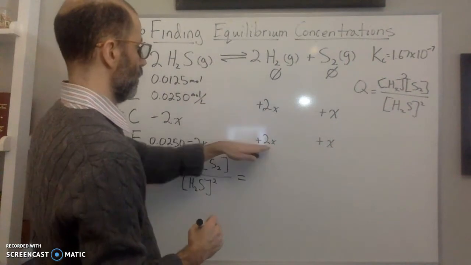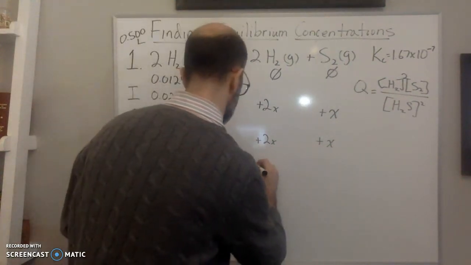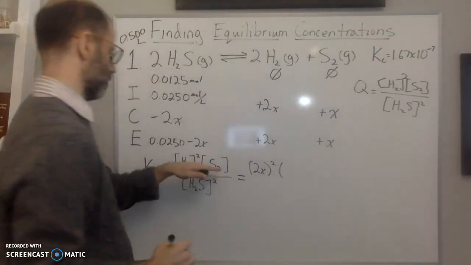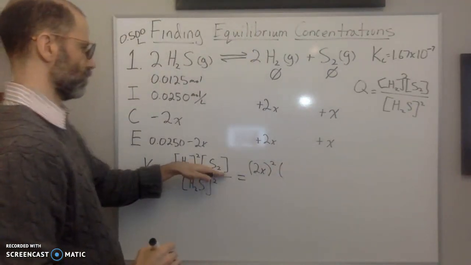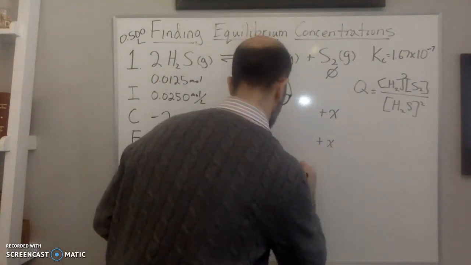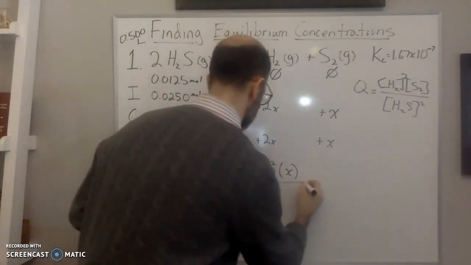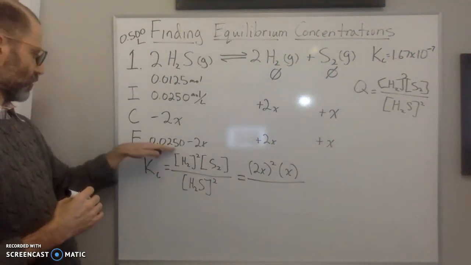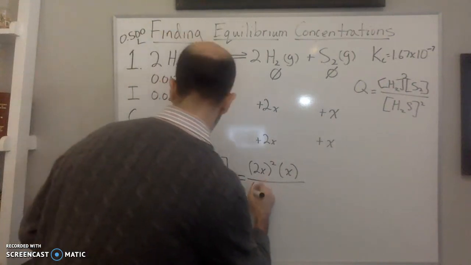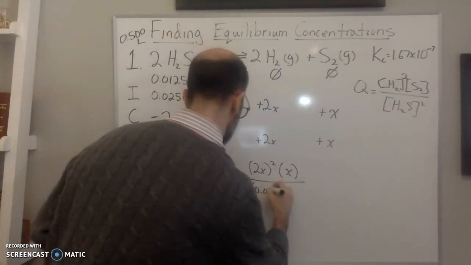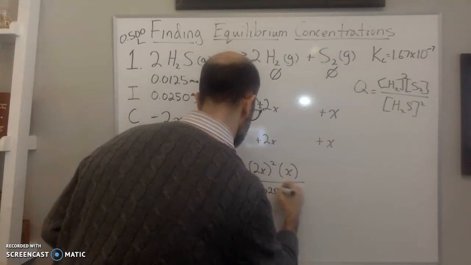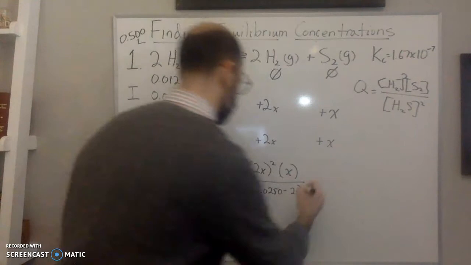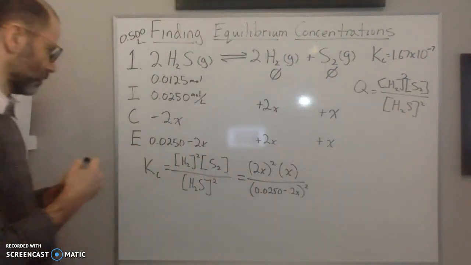H2 squared, that's going to be 2x squared, multiplied by the concentration of S2, which is x. That's going to be divided by the concentration of H2S, which is this here, and that's going to be squared, so that's 0.0250 minus 2x, and all of this is squared.